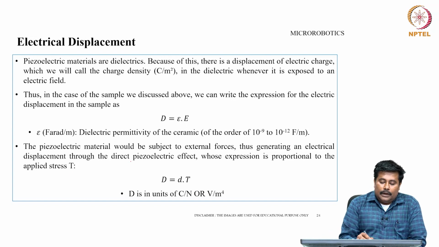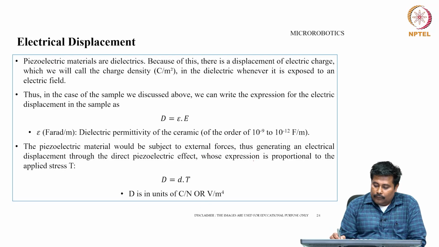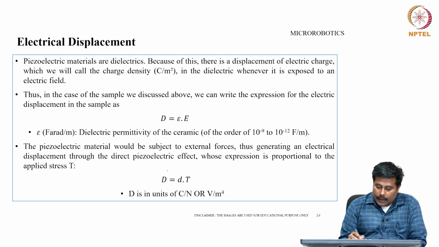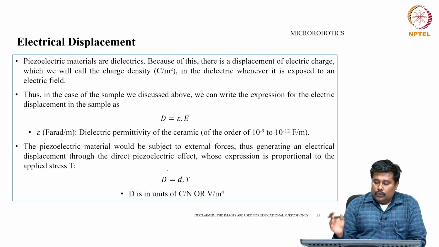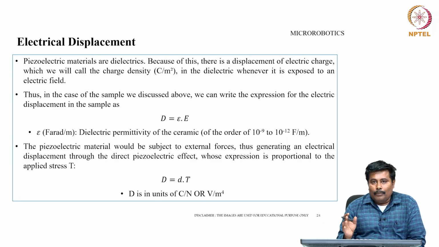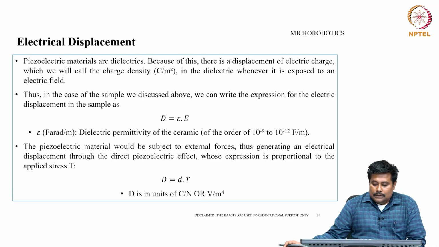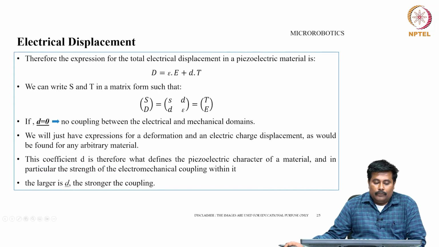The piezoelectric material subjected to an external force generates an electrical displacement through the direct piezoelectric effect, whose expression is proportional to the applied stress T. So D equals d dot T, where d has units C by N or V per m square.